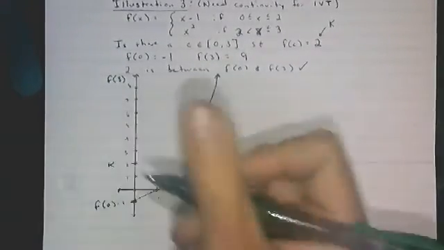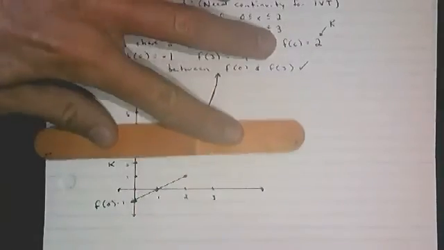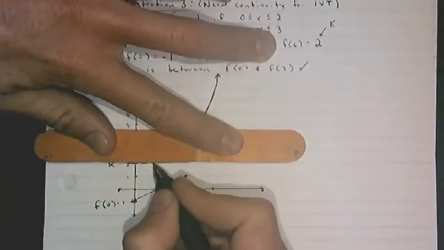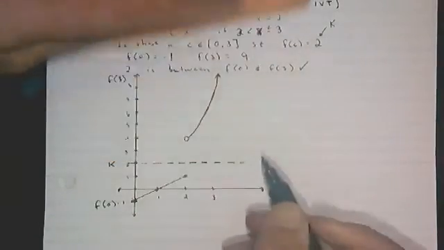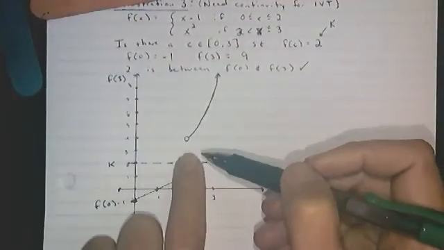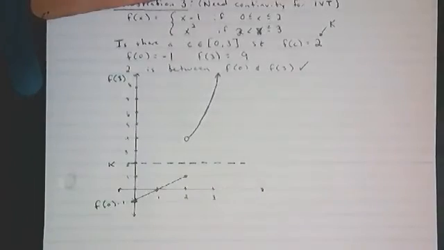The problem and the reason that the IVT fails here is there is this jump here, this lack of continuity, and it doesn't hit those values. In fact, any value bigger than 1 and less than 4 is not getting hit because we have this big jump.